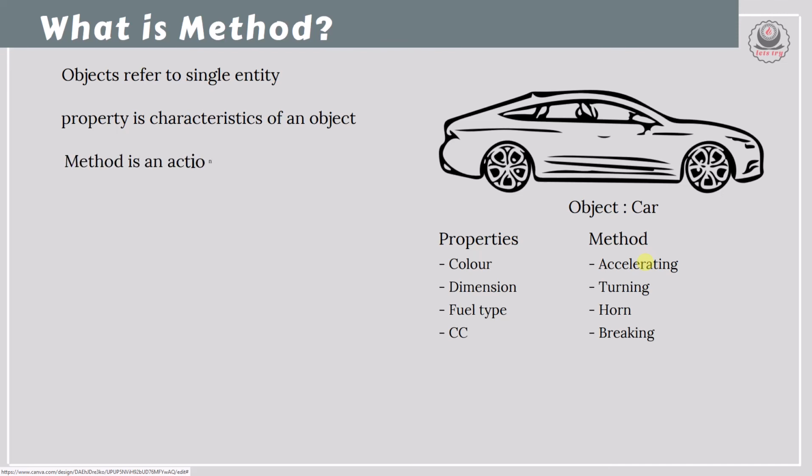So a method is an action performed in relation to that object. Objects have their own properties and methods. Moving, turning, braking are the methods, and its properties are color, dimension, fuel type, etc.